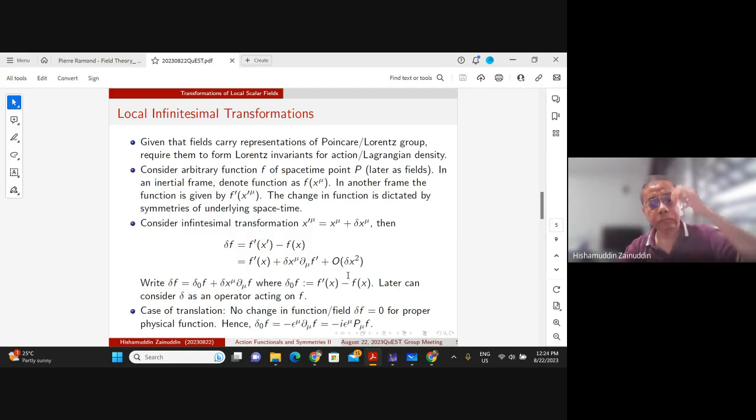Now, let's look at a simple case where you just have translation. Now, one needs to understand what it does to the functions. Generally, when you translate your coordinates, there will be some changes to your function. But you have to remember now, your f is going to be representing a physical thing.